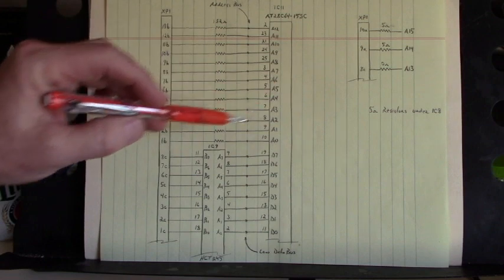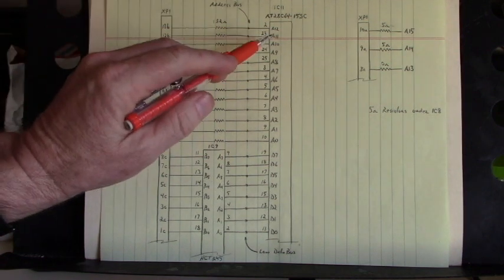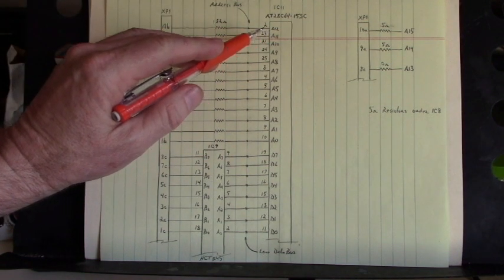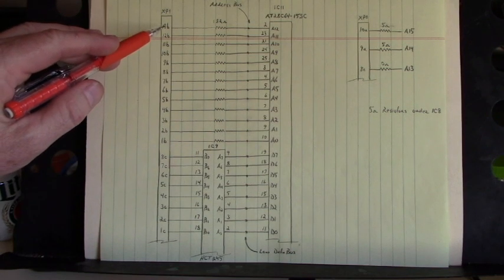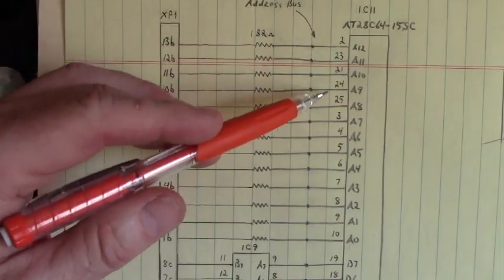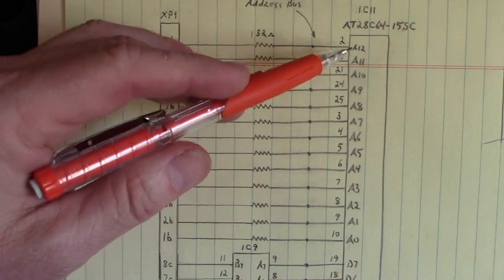Let's get close to the address bus and then we'll look at the data bus. We want to see the pins that, for instance, A12 mates to XP1 13B row. Here's the pin numbers for the address bus. There's A0 to A12.